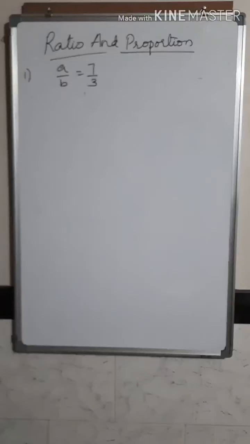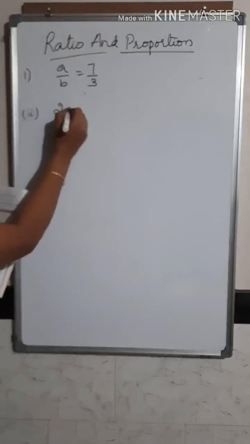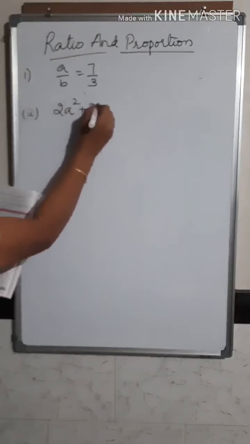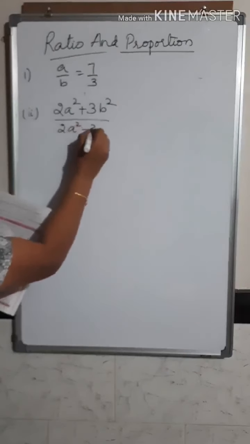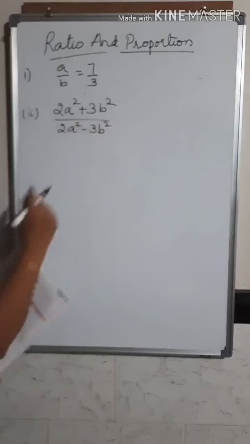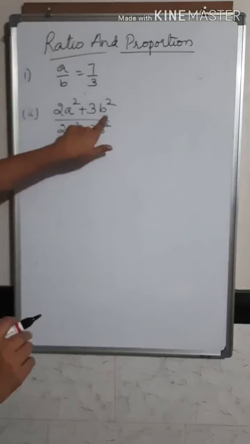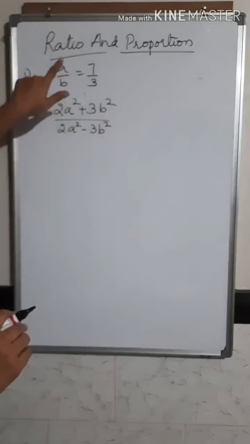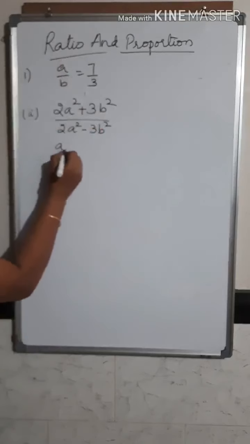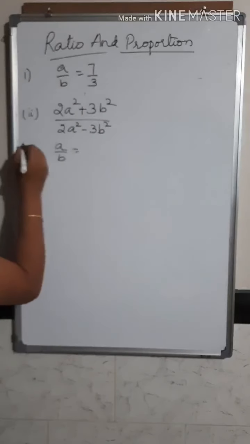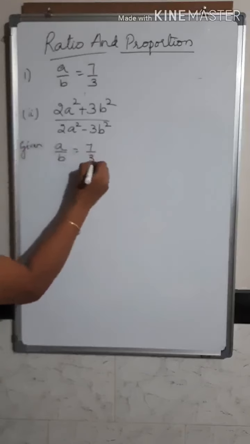The second sub question asks you to find the value of 2a square plus 3b square upon 2a square minus 3b square. Here a square and b square are given, so first you have to square the given ratio. The given ratio is a upon b is equal to 7 upon 3.